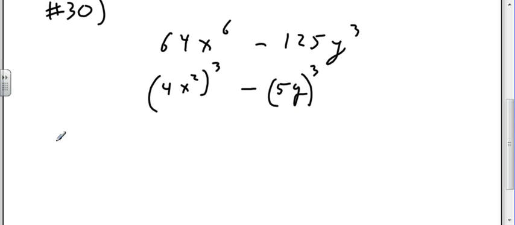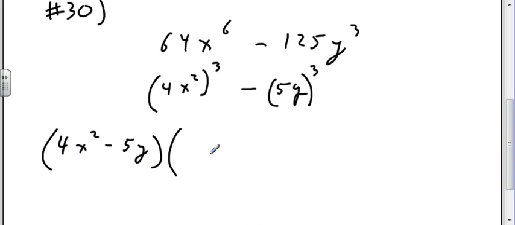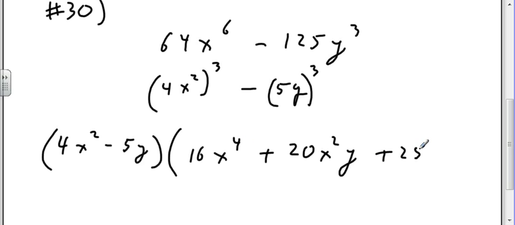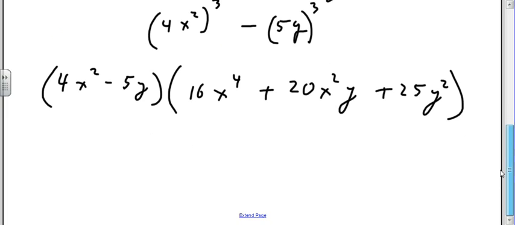Alright, so that being the case, 4x squared minus 5y times 16x to the 4th plus 20x squared y plus 25y squared. So I'm just dumbly following the form I'm supposed to follow, and I come up with the right answer. Or I come up with an answer and I declare it correct. Yeah, whichever one it is. Oh yeah, we are picky about that. If it's wrong, it's wrong.